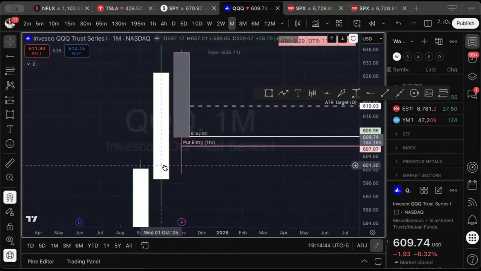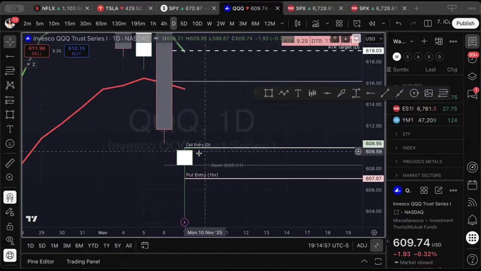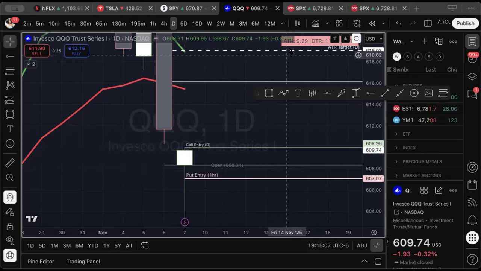I said, okay, he's thinking we might push up, right? So when I go over to the daily time frame, it gives us a hammer, which is a candle that represents a bullish reversal candle. And if that's the case, if my call entry is from the close of this plus the ATR, that's going to put us at 619.03.